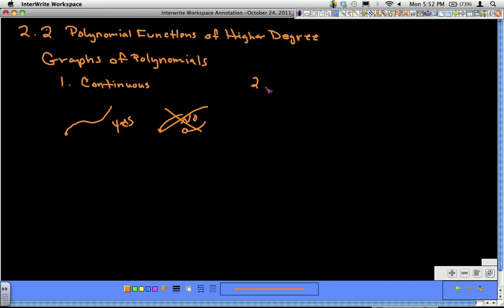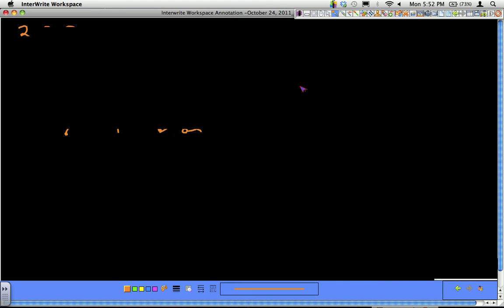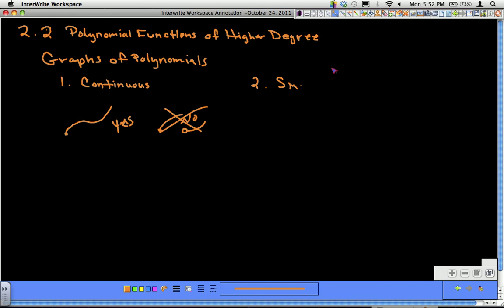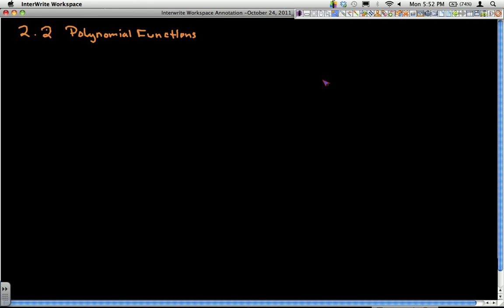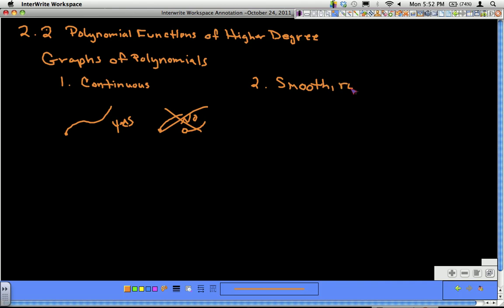Now the other part of this, smooth rounded turns. So any graph that we do that's a polynomial is going to have these characteristics. I apologize, the technology's not working real nice here.